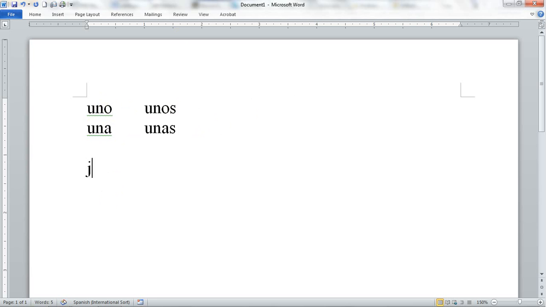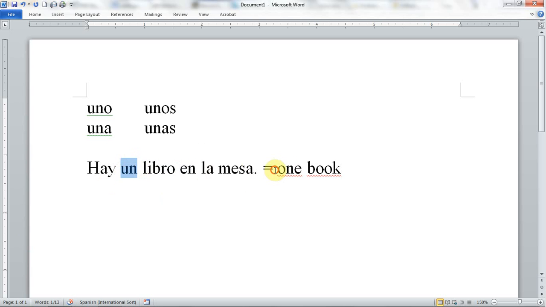For example, hay un libro en la mesa. Well, how many books are there? There's one book. Okay, this un, you might be looking at that and translating that as a book, one book.